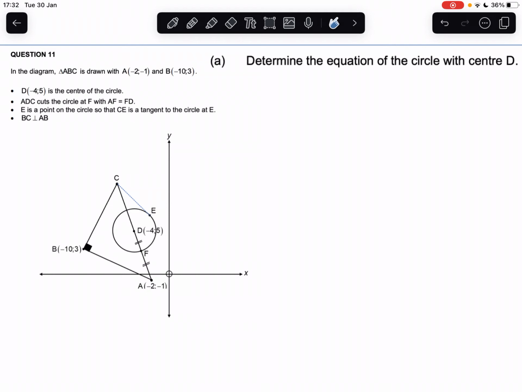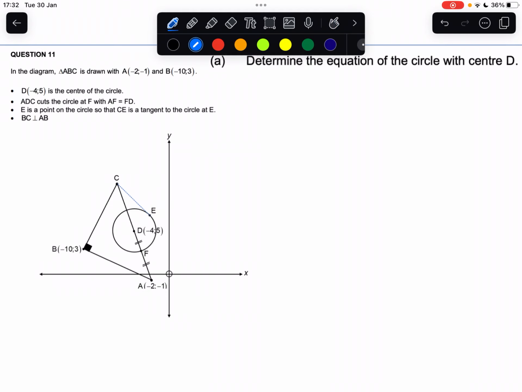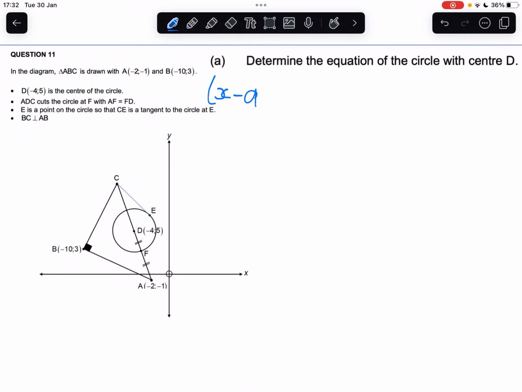Determine the equation of the circle with center D. Oh, I have no idea. Right, okay, so we know the center of the circle, which is fantastic. What we don't know is the length of the radius. So remember, the equation of a circle is going to look something like this.